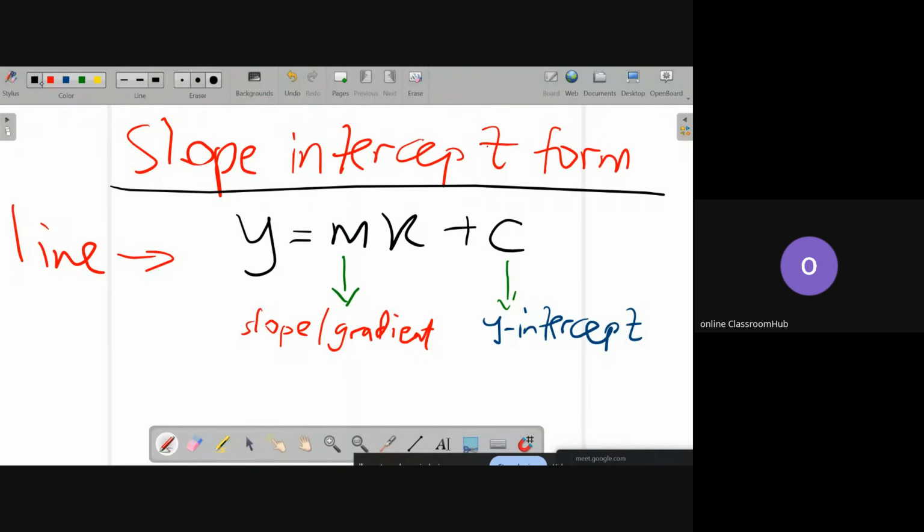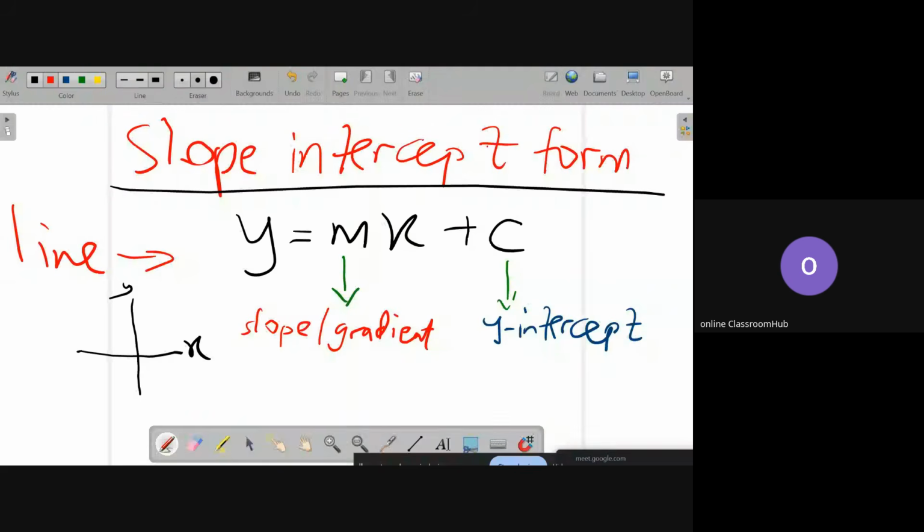Assuming you have your graph like this. This is your x-axis, this is your y-axis. The point on the y-axis where the line touches is your y-intercept.